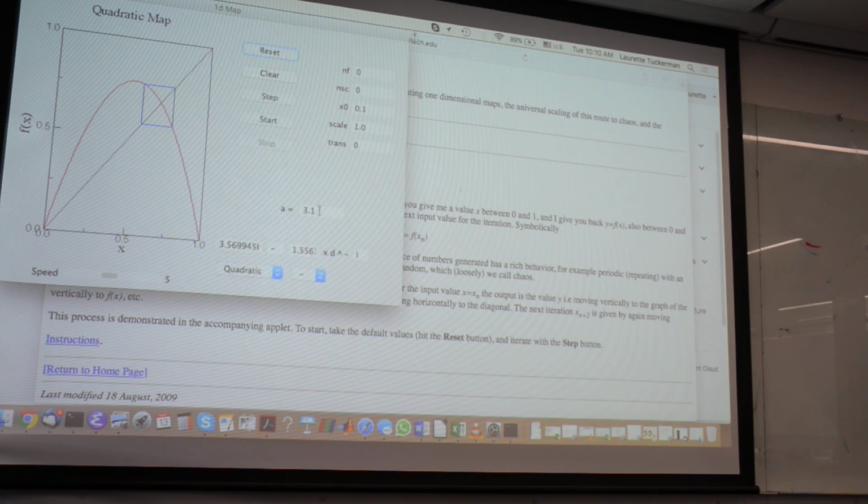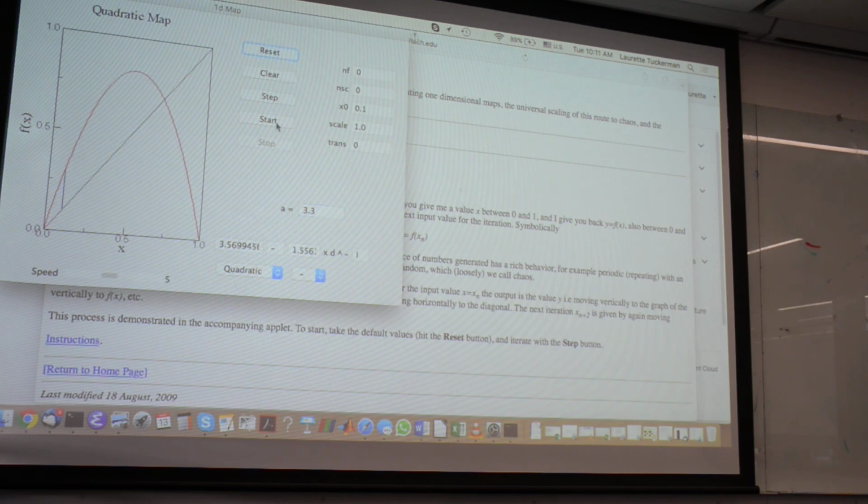Okay, let me now spoil further suspense. Let's see what happens here. Okay, let me stop, let me clear, and let me start. Okay, I still have a 2 cycle. Stop, let me do 3.3, let me reset.